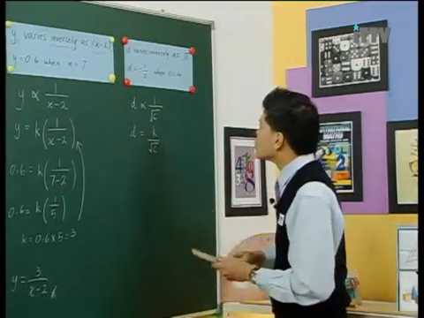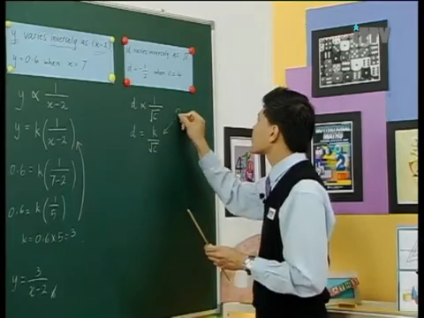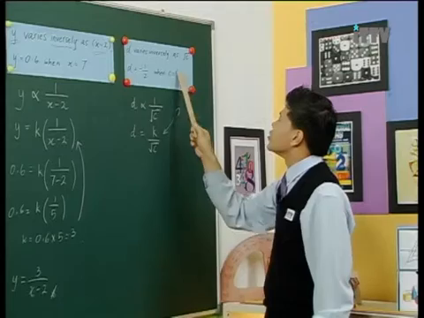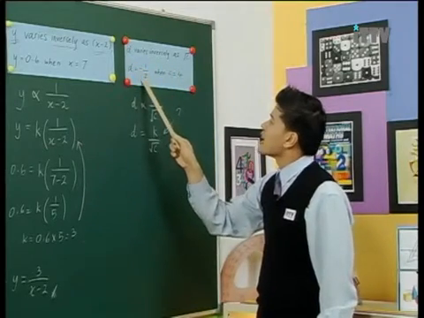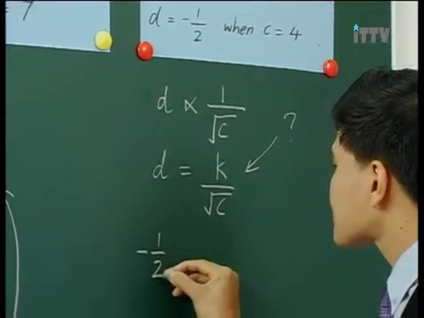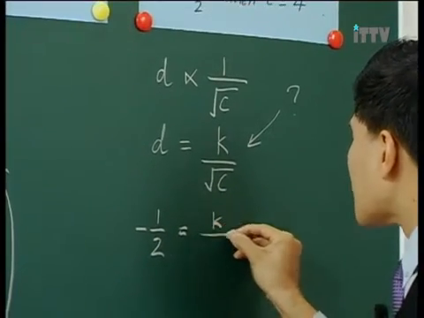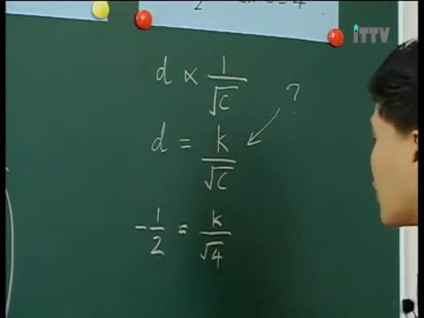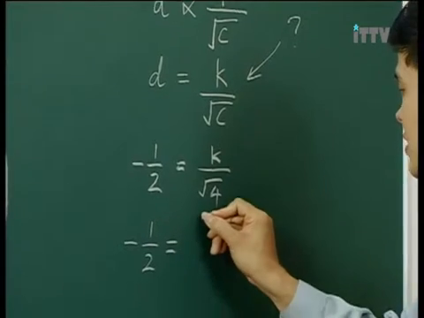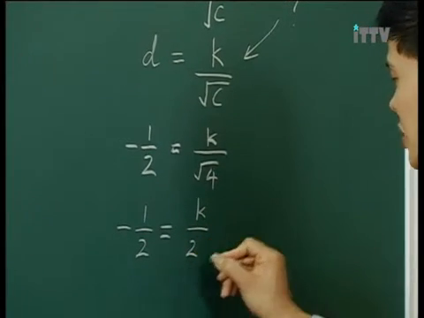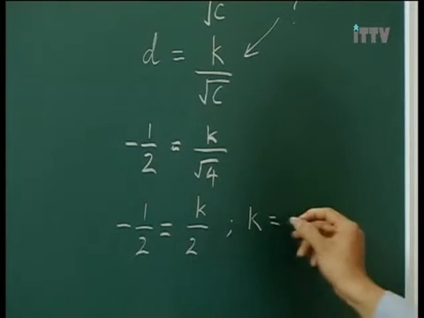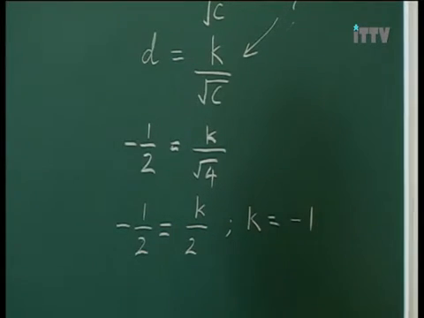And remember guys, to find the value of k, you always need a pair of values, and the question will always provide them. Because when D is minus half, c must be 4. So replace D with minus half, and c will be 4, so square root of 4. Now let us simplify it. Square root of 4 is 2, and the value of k is actually negative half multiplied by 2, which is negative 1.